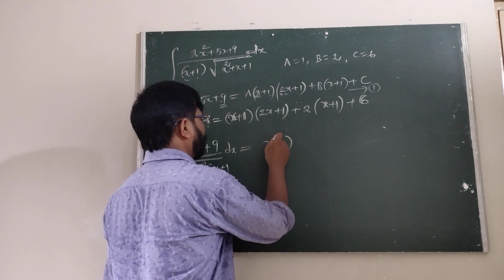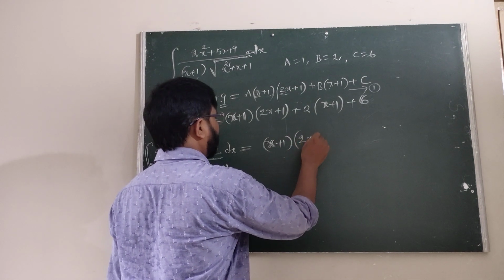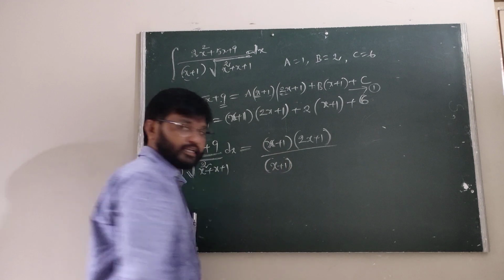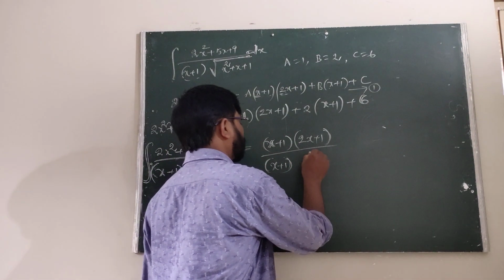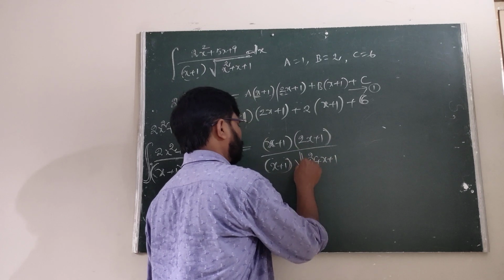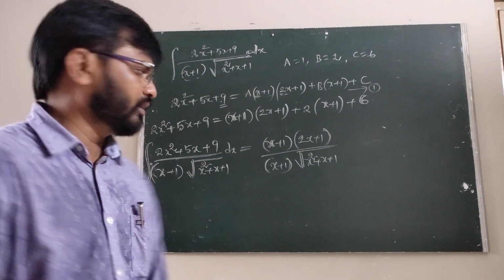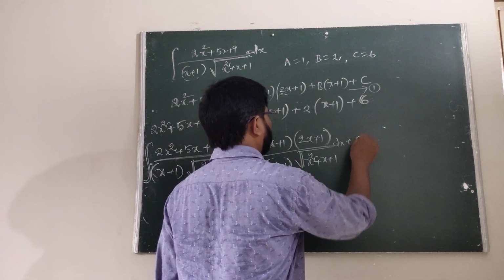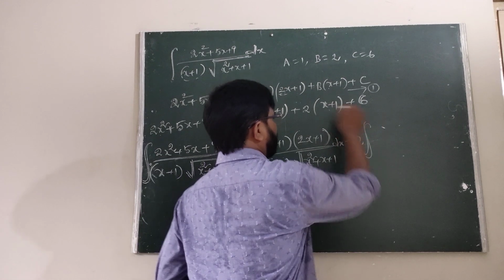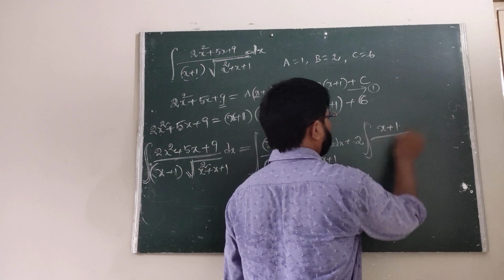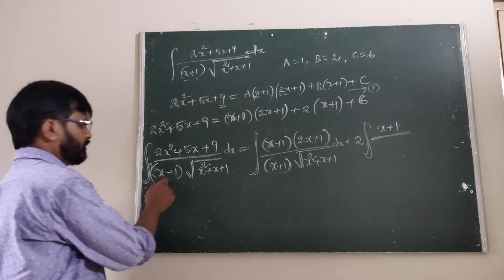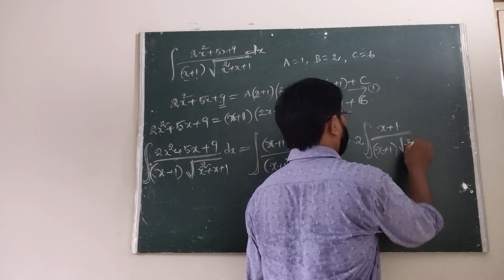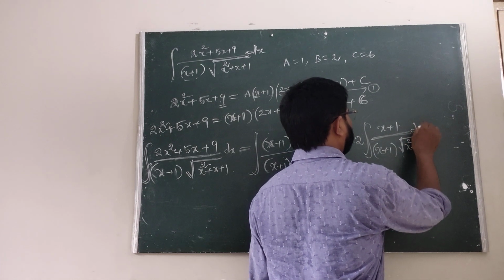Now we can write this as x plus 1 into 2x plus 1 upon the x plus 1 into root of x square plus x plus 1, integral dx, plus 2 into x plus 1 into x square plus x plus 1 dx.